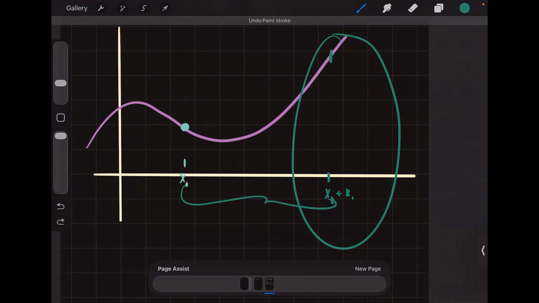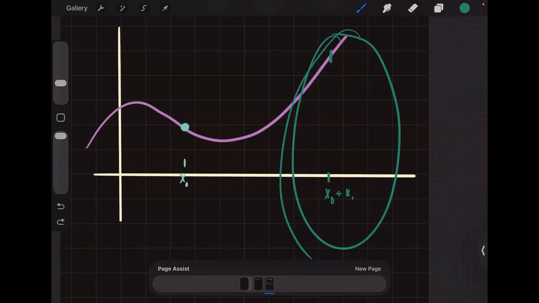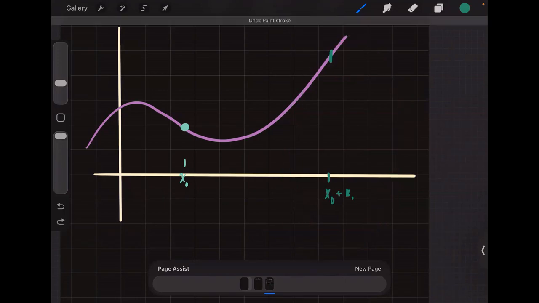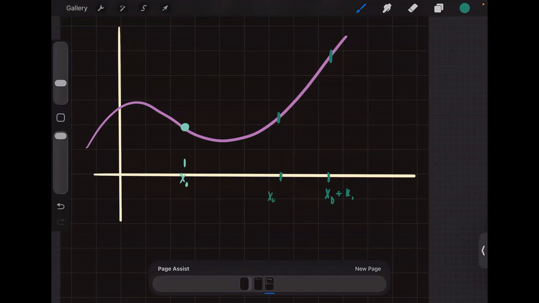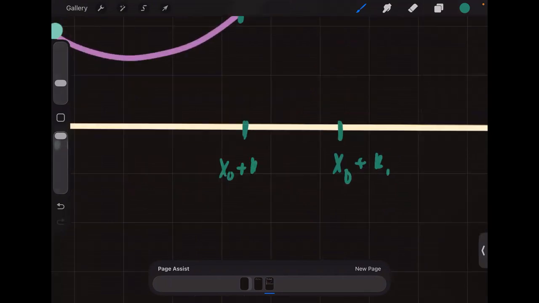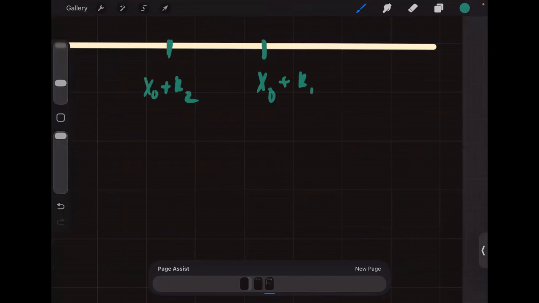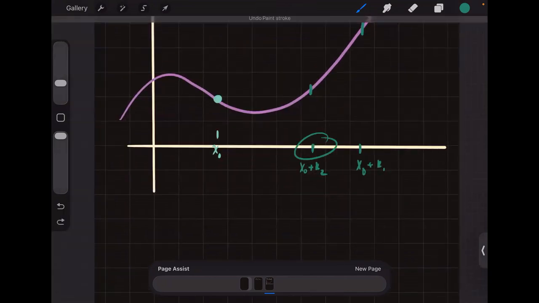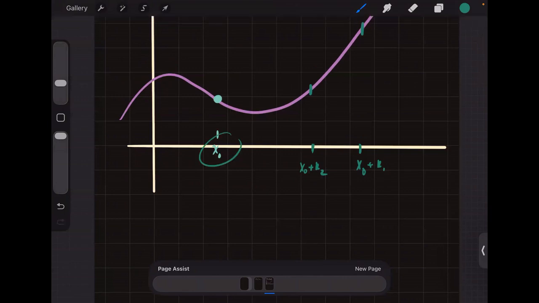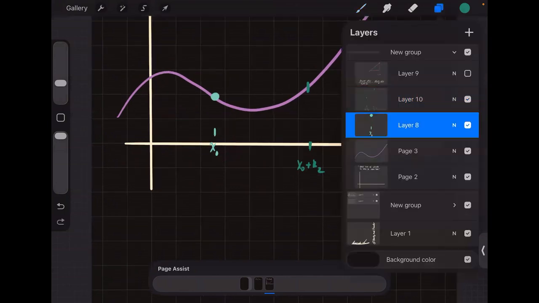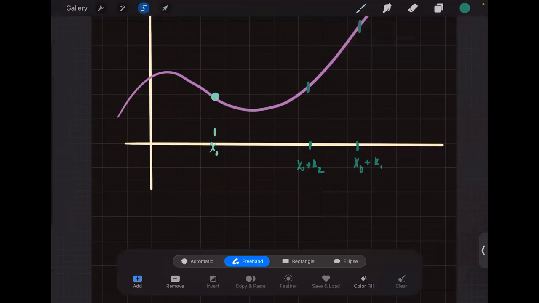Would it be better to choose this as a distance, or would it be better to choose maybe here, x sub 0 plus k sub 2, where k2 has to be smaller than k1 because this point is closer to this point? I'm going to give you a second to think about that and then we'll chat.